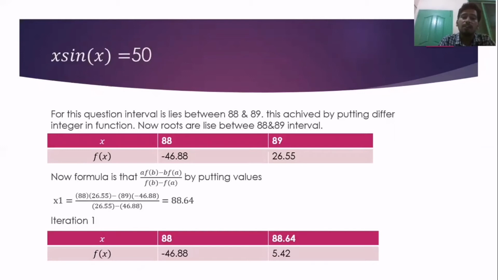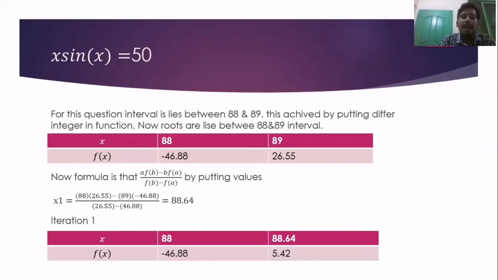Now we will put these values in the Regula Falsi or false position formula that was discussed earlier. After putting in the values, we will find the answer. Then we will put this answer in the function. We repeat the same iterative method until we achieve two consecutive same iterations or meet the question's restrictions.